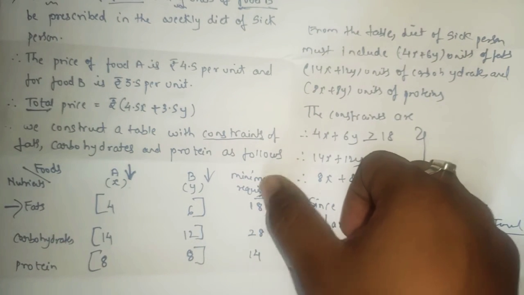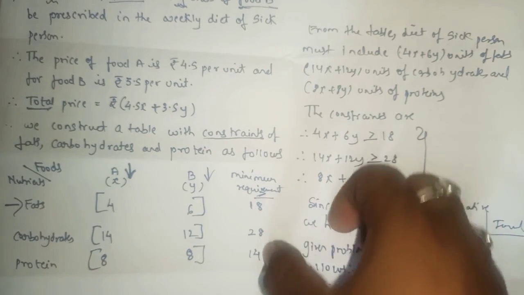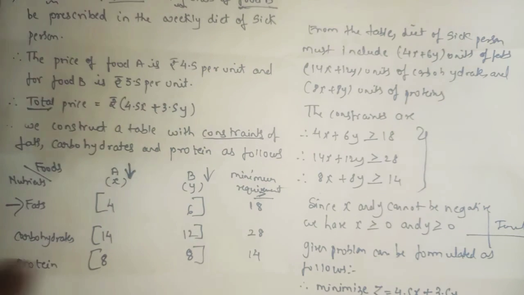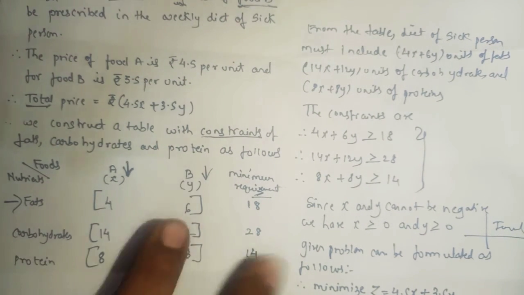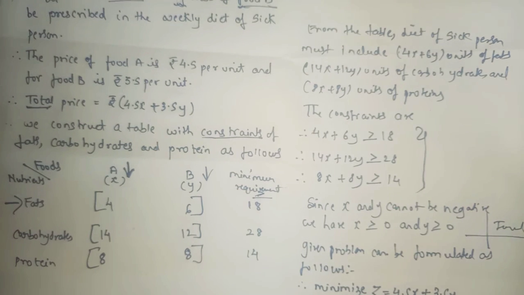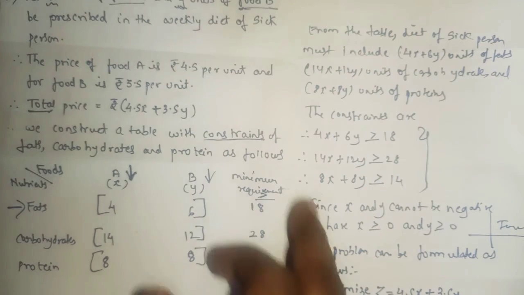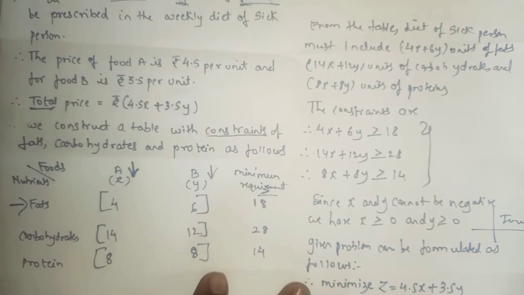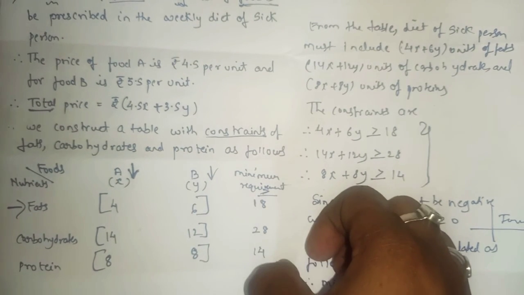Just, I guess, you will not have this last column, the minimize requirement or maximize requirement, that you have to prepare. The rest everything will be there, like the x and the y part, given in the question. In some sums from the exercise or solved examples, you will have the ready-made table, the first, second, and this part, but you will not have the third column, minimize or maximize requirement.